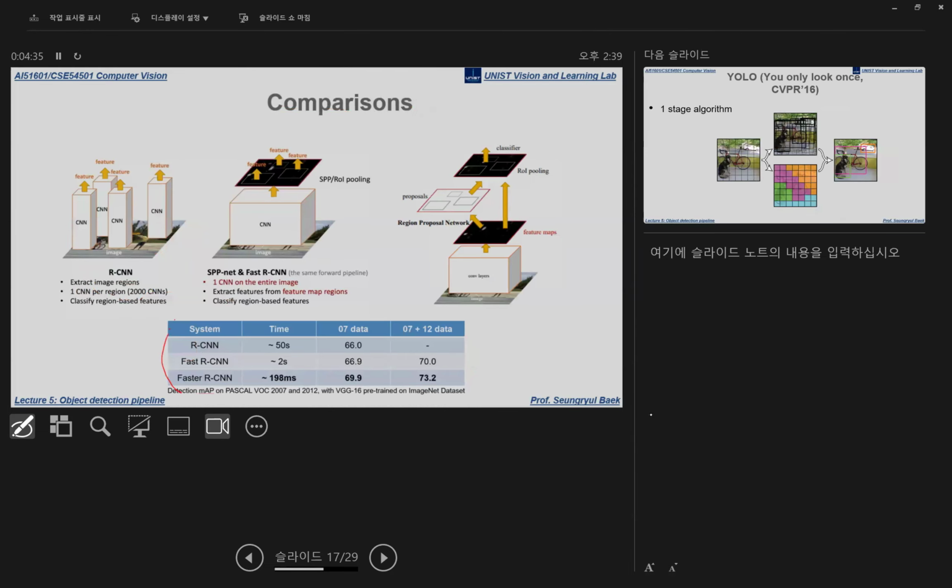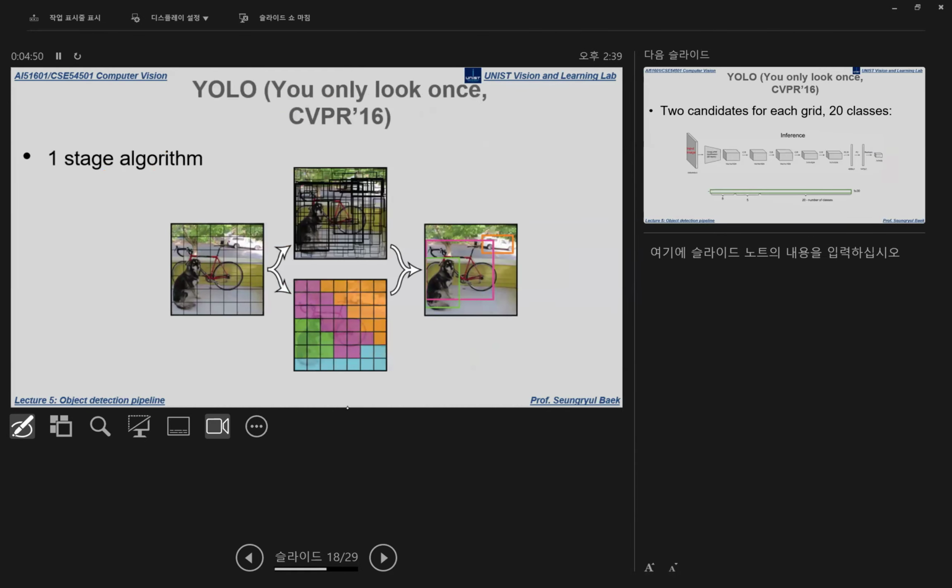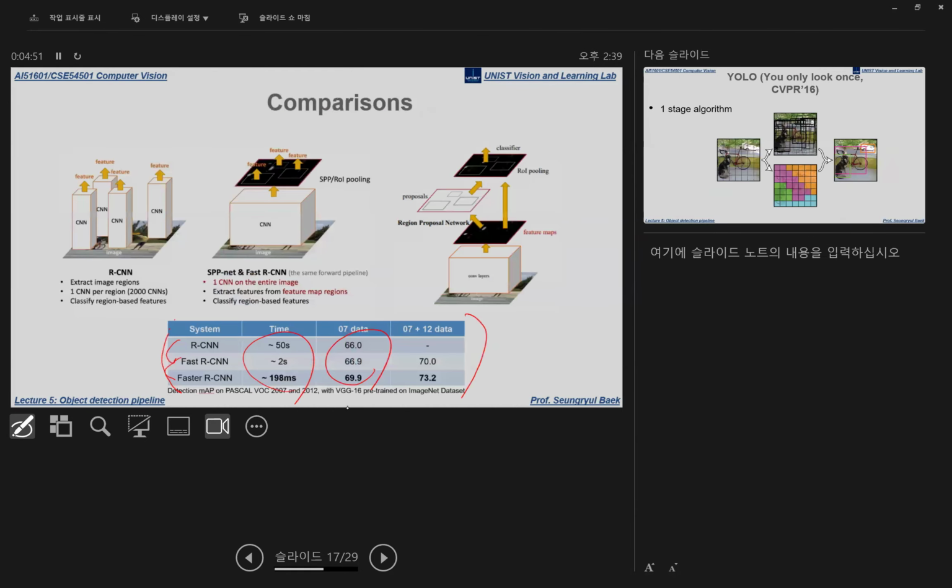This is the summary of accuracy and time. From RCNN to fast RCNN to faster RCNN, the time is gradually reduced and the accuracy is gradually improved. So far we have reviewed the two-stage algorithms. They are called two-stage algorithms because they first infer the bounding boxes and then classify those bounding boxes.